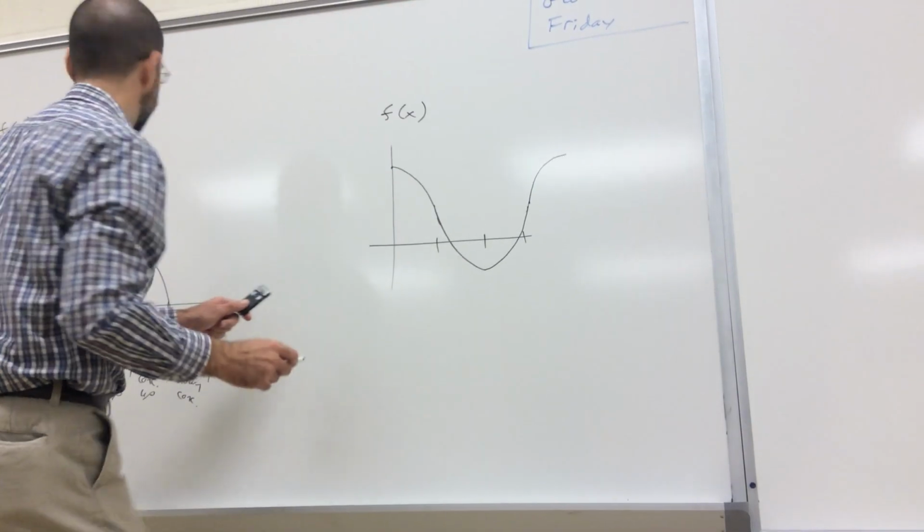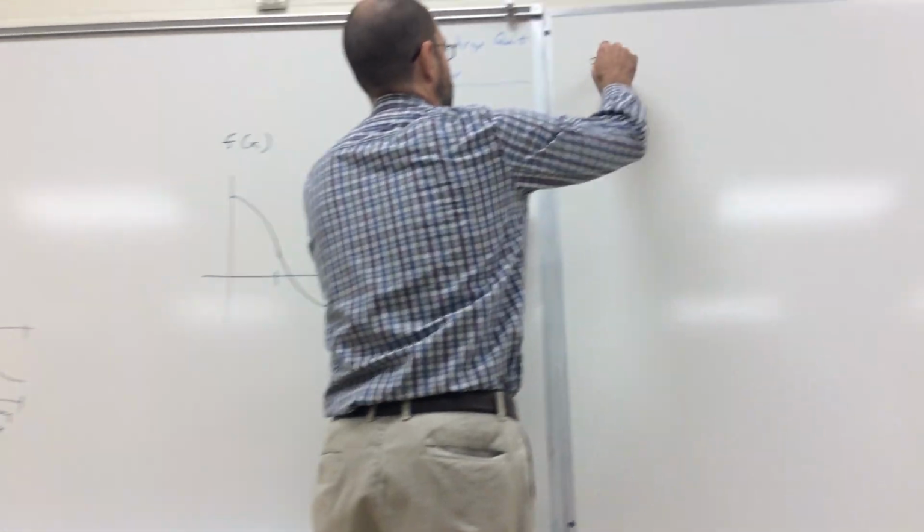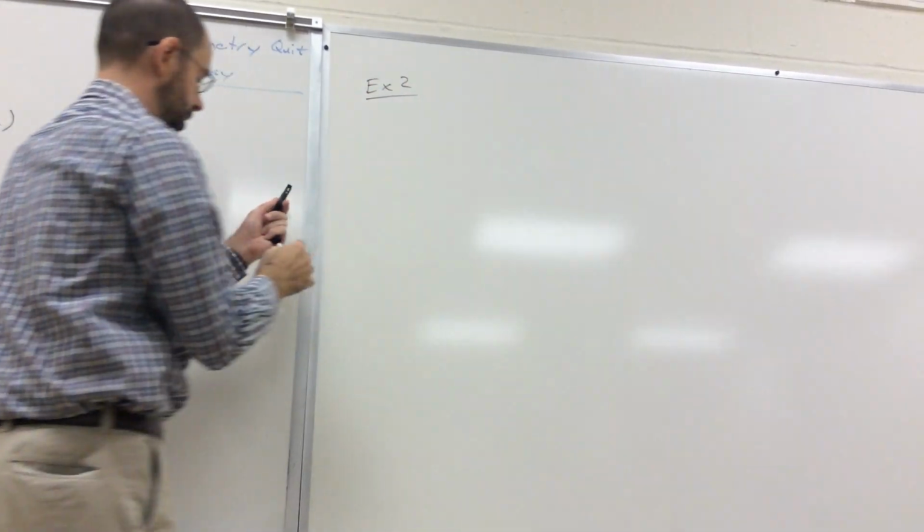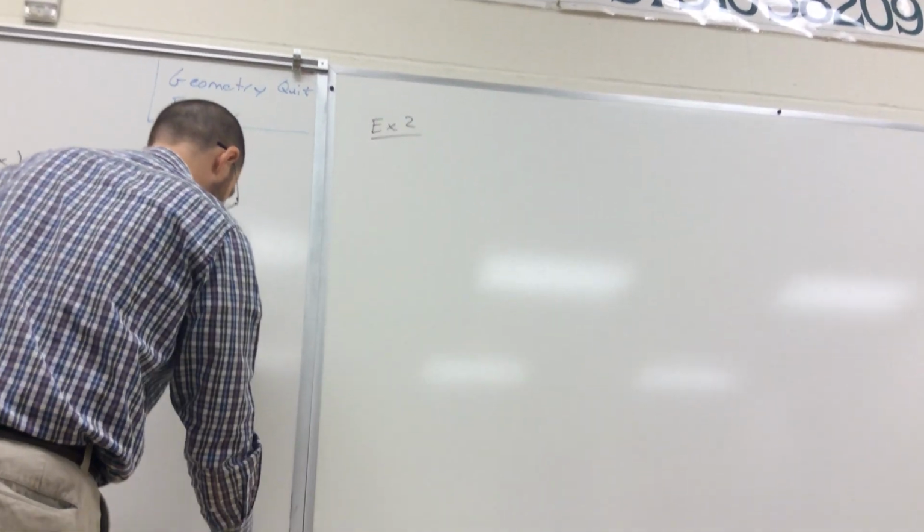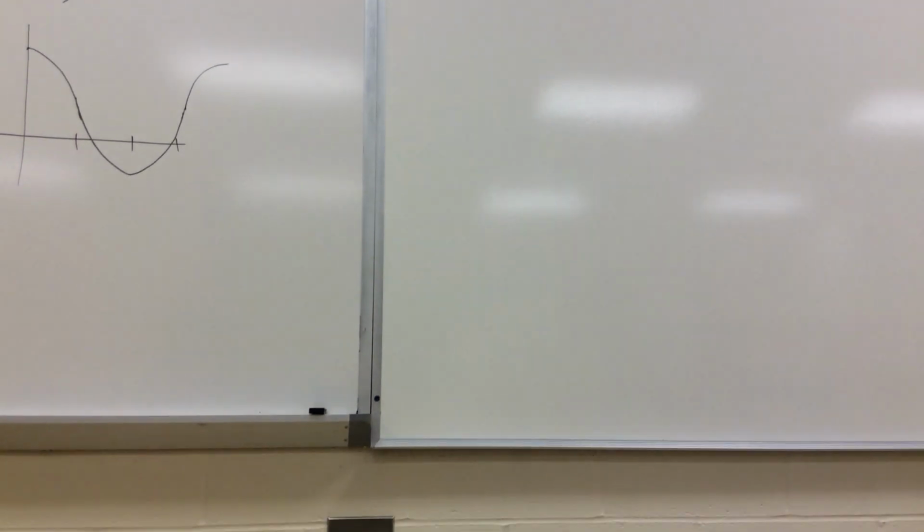Okay, so that's example 1. Example 2 has a bunch of information in it, which I do need to write down for the camera, but you don't need to write down because I copied it for you.